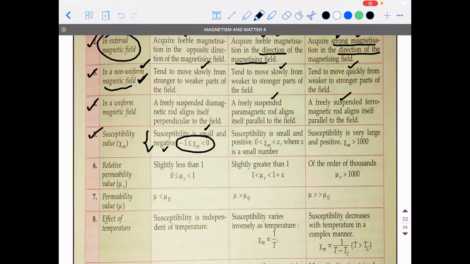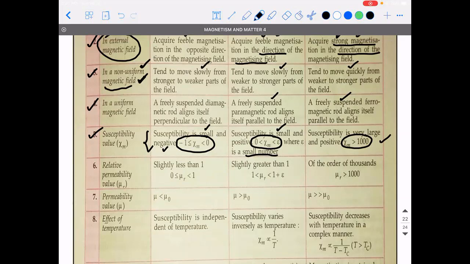Whereas for a paramagnetic substance, susceptibility is a small and positive number, which is somewhere between 0 to epsilon, where epsilon is a small number, some variable, that's it. It is going to be a small number. Whereas when you look at the susceptibility of iron, it is very much greater. It is greater than 1000. Means it will get magnetized that fast.